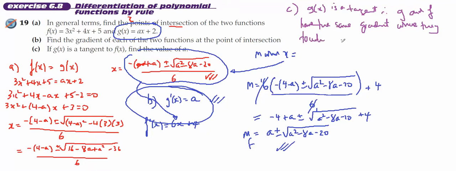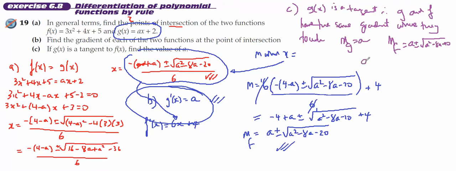I know that the gradient of g is a. I know the gradient of f is 6x plus 4, which at the intersection equals a plus or minus the square root of a squared minus 8a minus 20.